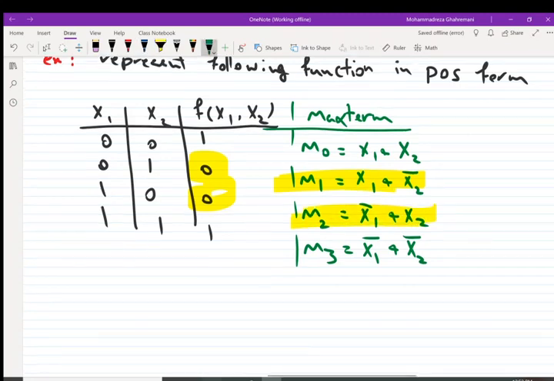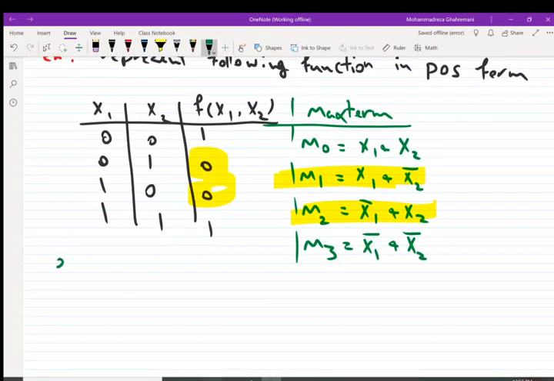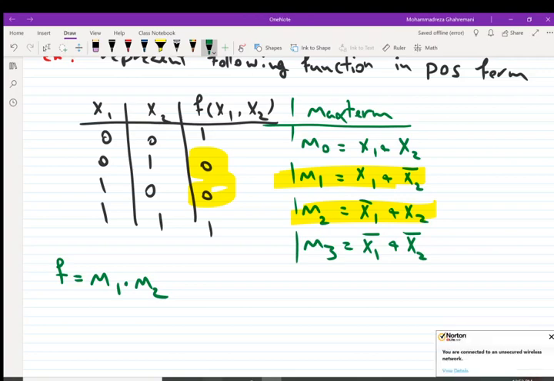So we can say the function is M1, M2, the product of these two max terms. For min terms, we say lowercase m plus lowercase m, but here we multiply them because it's a product of sums. So like the sigma of min terms that we showed, we can use this sign to show the product of some max terms.